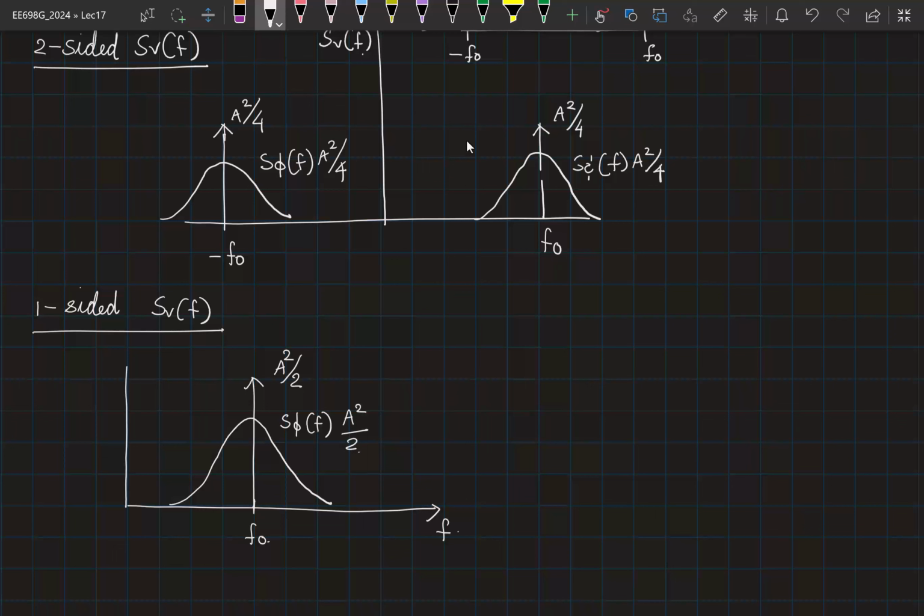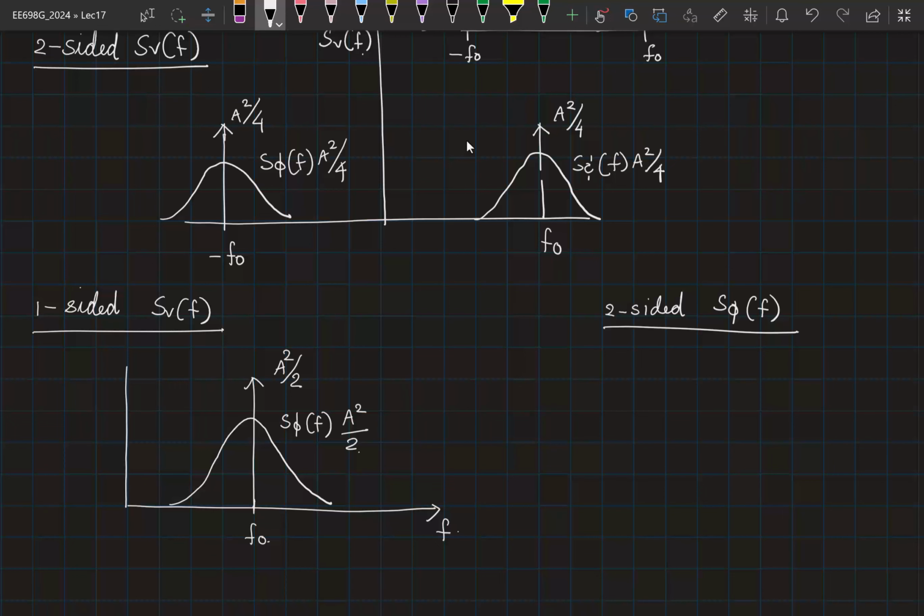Let me also sketch the two-sided S phi of f here. Here, S phi of f is plotted assuming the magnitude to be less than 1, which is why it is plotted below A square.